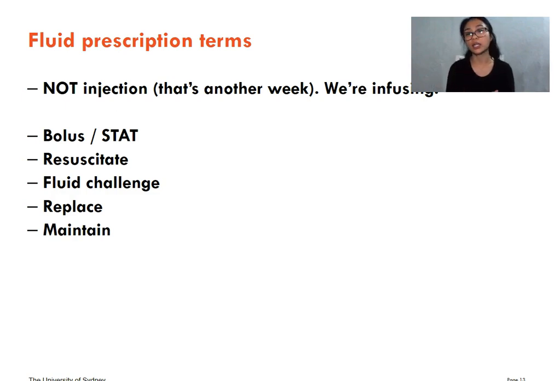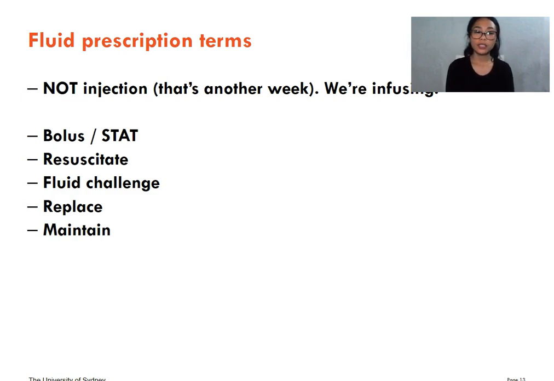If I'm pushing in the medication, or I'm pushing in 10 milliliters of fluid, injecting it over 30 seconds, 10 seconds, that would be a bolus or an injection, and that's not an infusion. Infusion is a large amount of fluid going in over a certain time period, so it's not quick. Usually it's 15 minutes or over when it comes to an infusion.